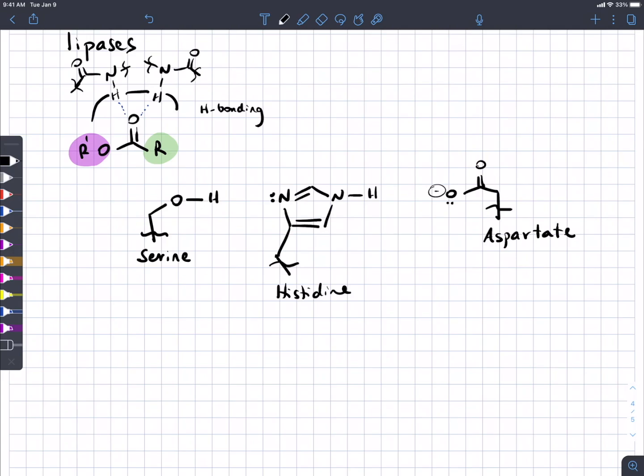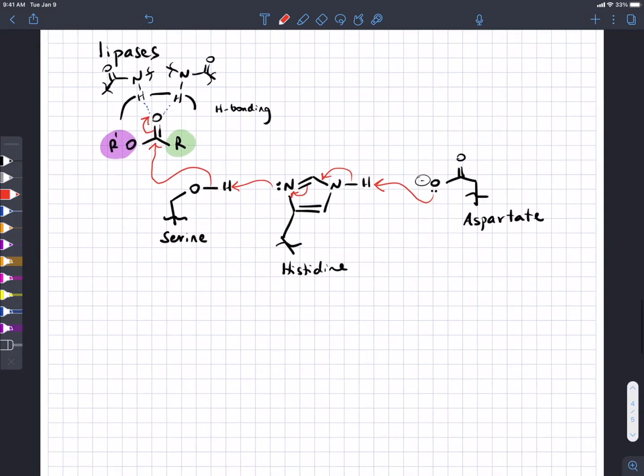So the histidine side chain, with its lone pair of electrons, will pick up a proton from serine, and then the resulting serine alkoxide will attack the carbonyl carbon to give you a tetrahedral intermediate. The thing that allows the histidine to remove a proton from serine is this aspartate group, which can pull a proton off histidine and make the histidine nitrogen more nucleophilic.